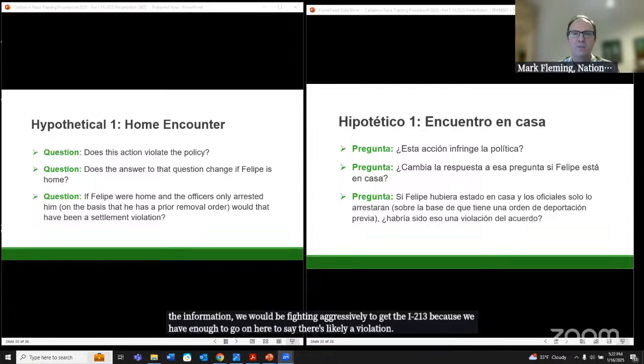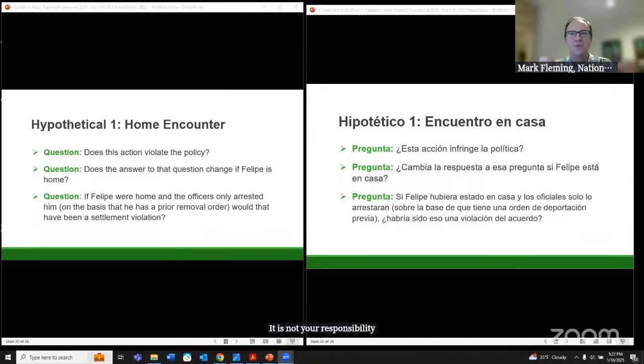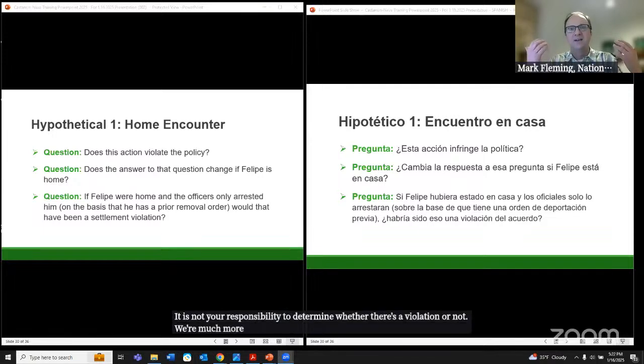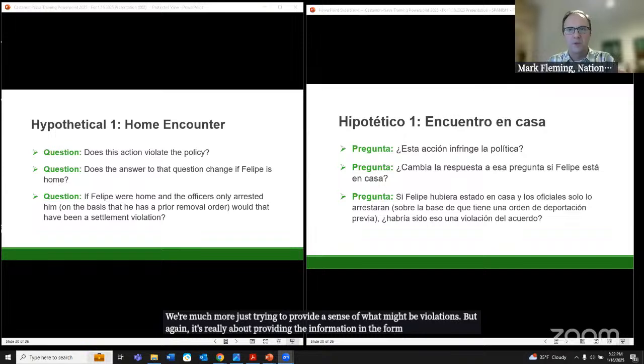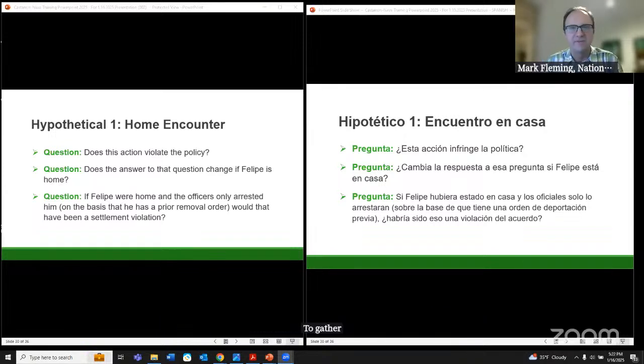One of the important things to keep in mind about these hypos is that it is not your responsibility to determine whether there's a violation or not. We're much more just trying to provide a sense of what might be violations. It's really about providing the information in the form, providing contact information so that we can follow up to gather more information if needed.